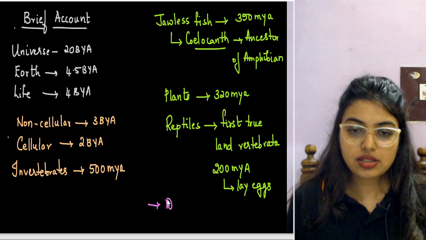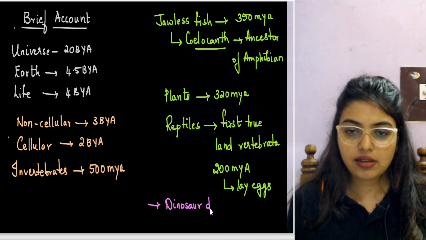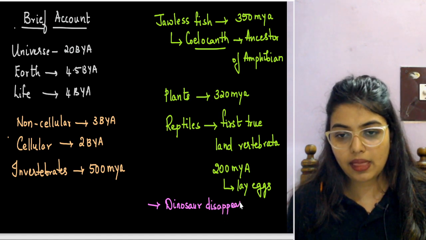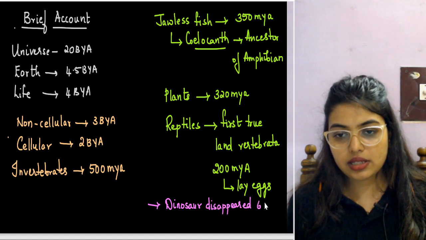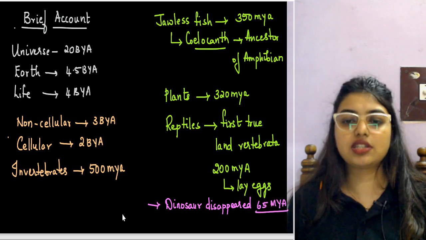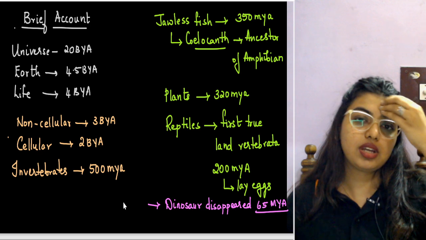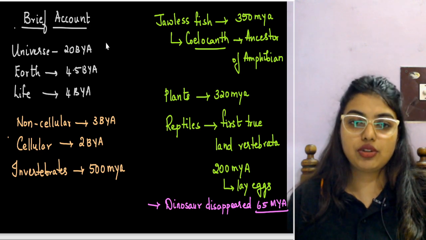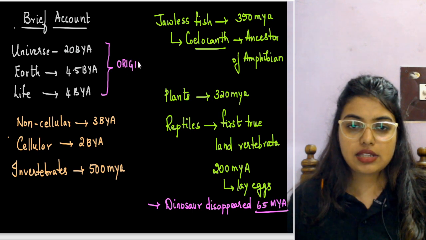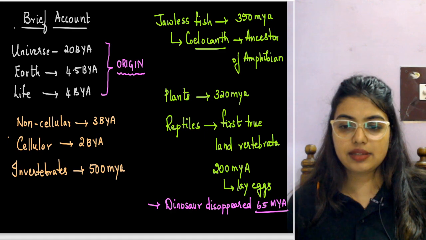Then dinosaurs disappeared 65 million years ago. So this is the brief account of evolution. This is origin. Rest everything is findings, like different findings.